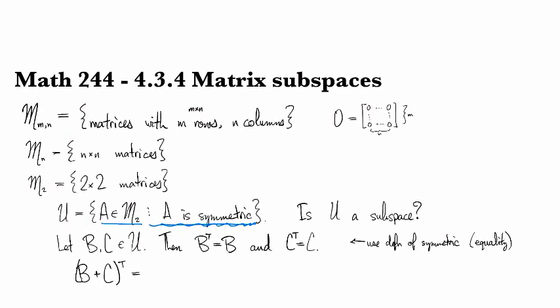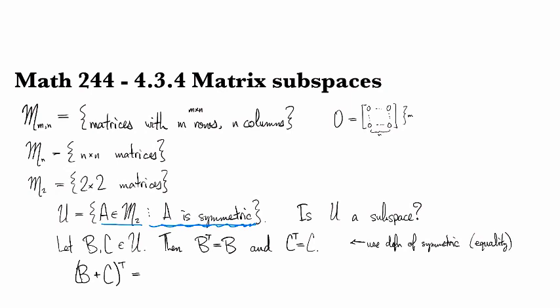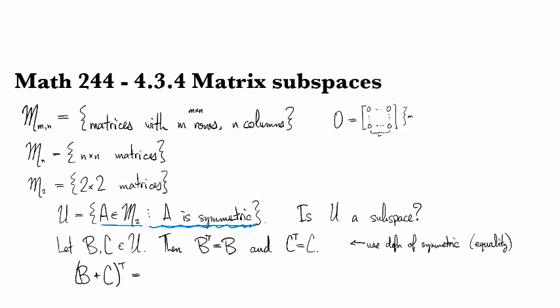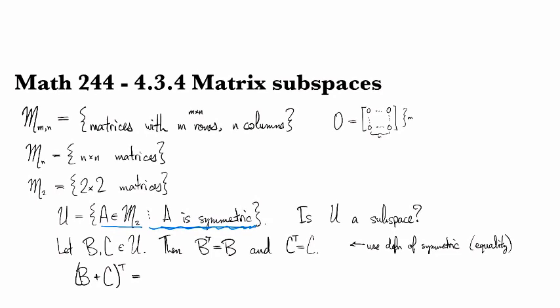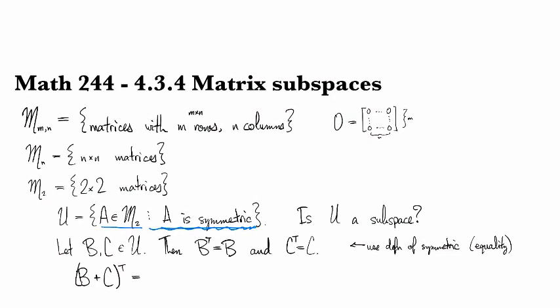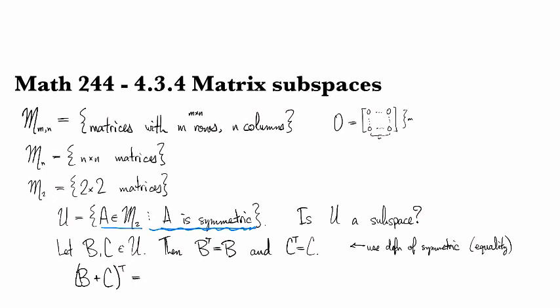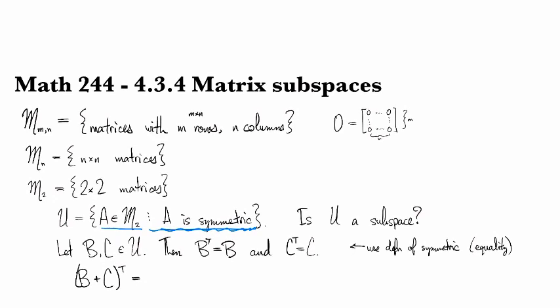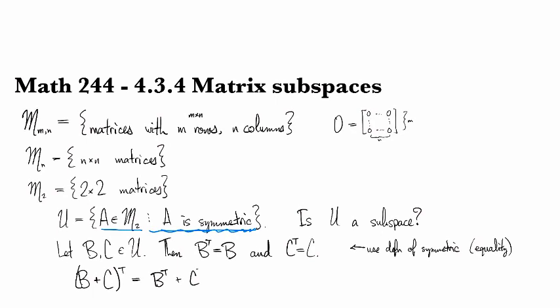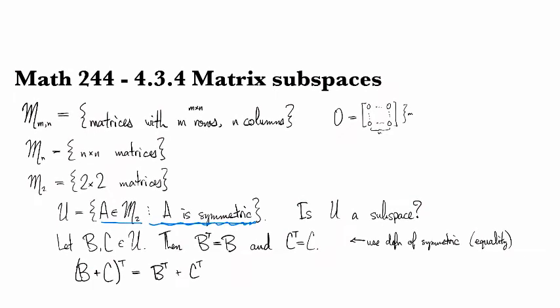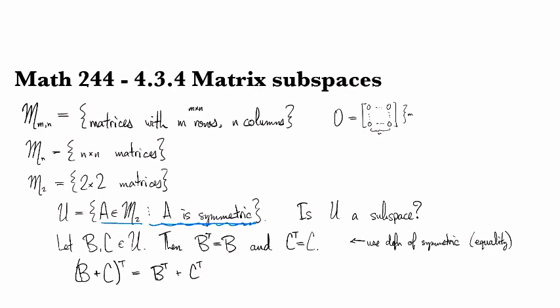I don't know anything else about B and C other than the fact that they're 2 by 2 matrices and symmetric, so I'm going to have to use some basic property. I know that I can at least say that this is equal to B transpose plus C transpose.